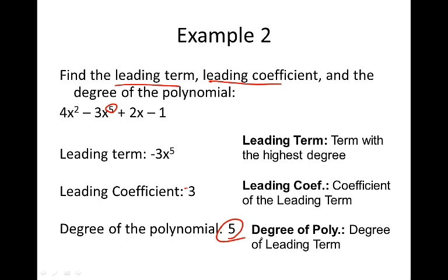Fifth degree polynomial. We look at all the exponents. The highest one is the degree of the polynomial. Why? Well, the highest one sort of dictates the behavior of the polynomial. Because after a while, with big numbers that I put in for x, these other terms actually won't even matter. They'll be insignificant. And we'll see that when we start graphing them.